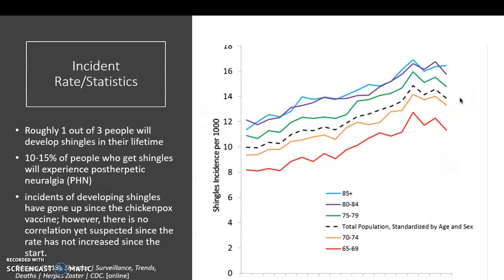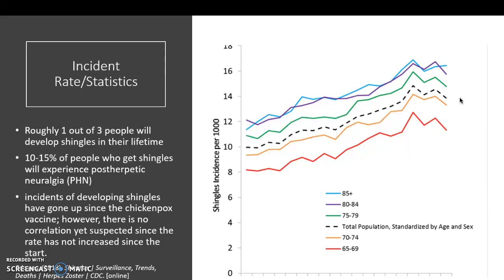Okay, so this is Anastasia filling in for Hector, and he had incident rates and statistics. Roughly 1 out of 3 people will develop shingles in their life, and 10 to 15% of people who get shingles will experience post-herpetic neuralgia, PHN.